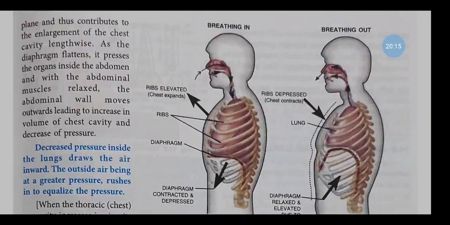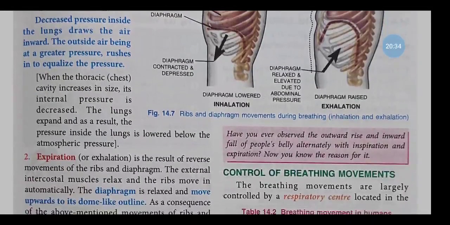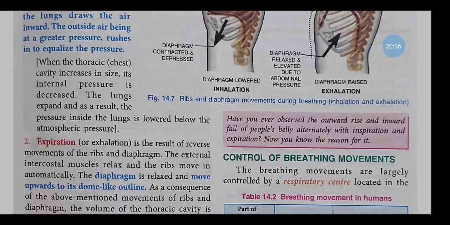The decreased pressure inside the lungs draws the air inward. The outside air, being at the greater pressure, rushes in to equalize the pressure. Got it?